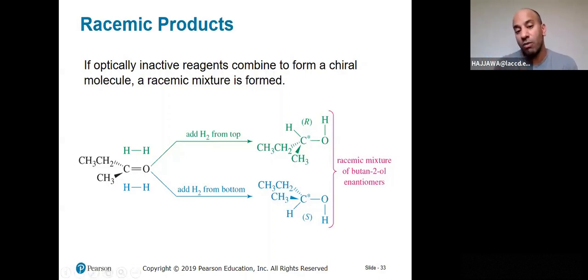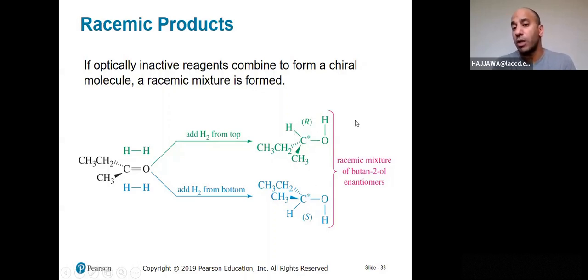Since I'm dealing with a trigonal planar carbon, the hydrogen could be delivered from the top or the bottom. Therefore, I could end up having an R configuration or an S configuration. And therefore, I will always expect a racemic mixture from a reaction that starts with an optically inactive compound, ending up with two structures that are racemic mixtures.